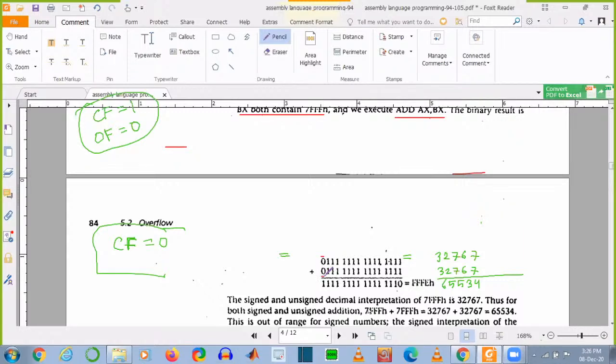And you know that for positive number, what is the value of sign value? Equal, the same as the unsigned value. So positive number, the sign value is same as the unsigned value. How can you forget that? 32767.